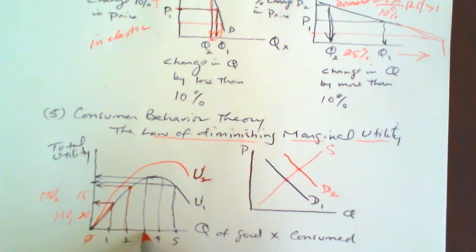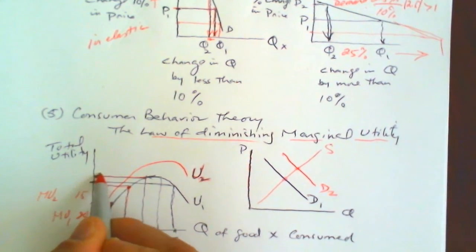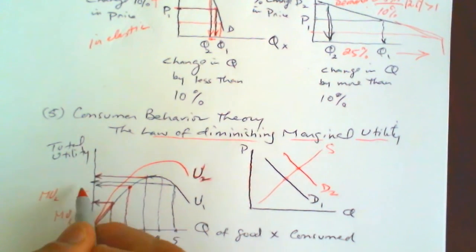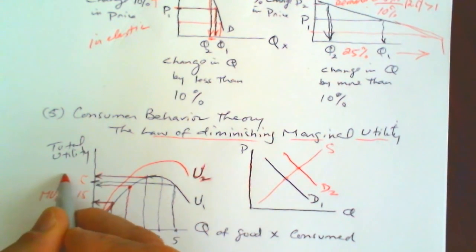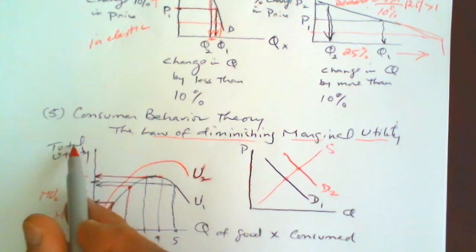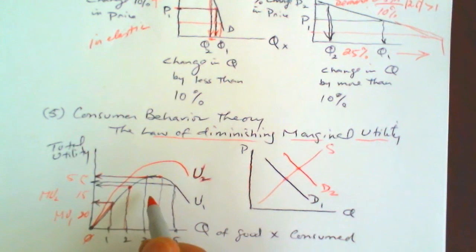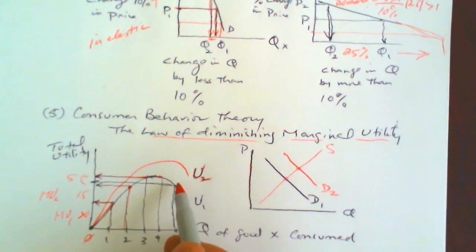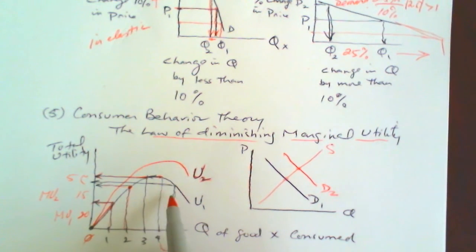And then if we add another unit of this product to the consumption package, then utility will rise again, but by a lesser amount. So this might be only 5, and if we consume 1 more unit, it contributes no more to the overall satisfaction. And if we lost sight of it and consumed even 1 more unit, then utility could actually be harmed.